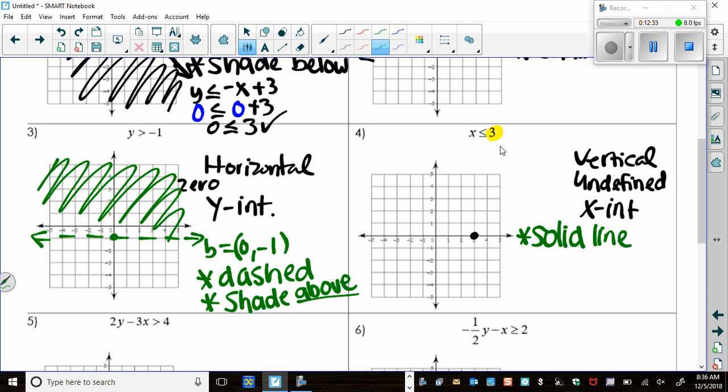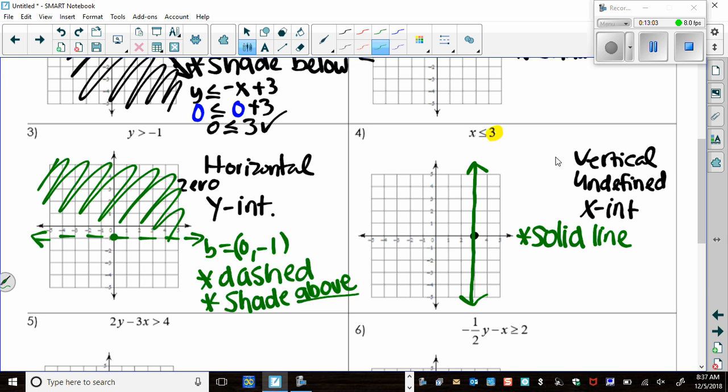But I want to show you something. If I were to plot this, write a solid line on this, you don't necessarily have any area to shade above or below. So when you have a vertical line, you're really going to be looking at whether you're going to be shading on the left side of the inequality or the right side. And it's the same idea of less than or greater than.